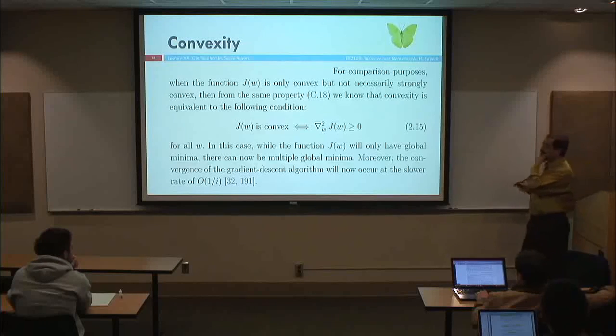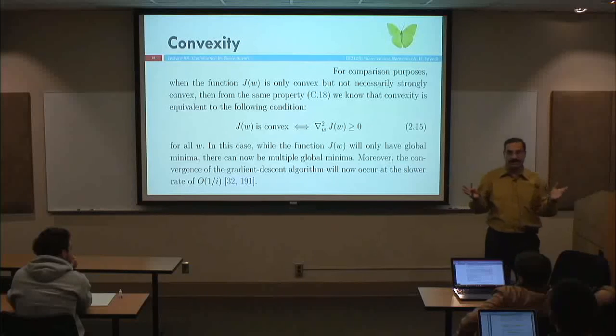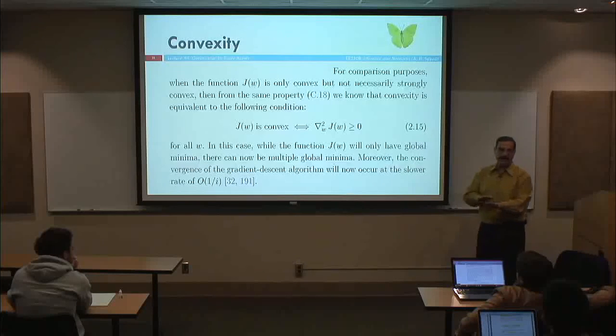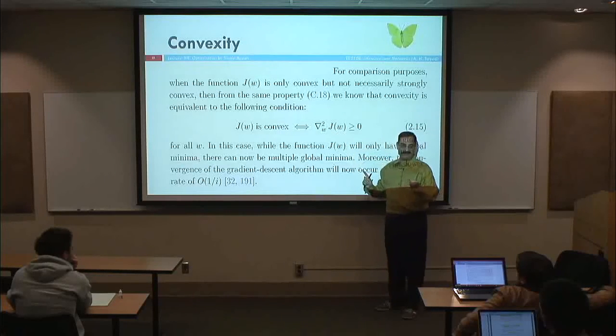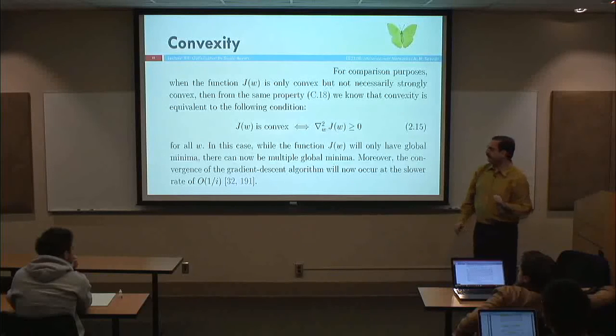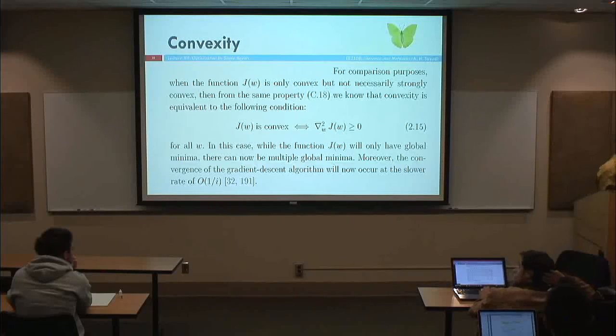If, for some reason, you only assume convexity, in that case, you still have only global minima. You may have multiple global minima, but often that doesn't really matter because as long as you converge to a global minimum, that's good enough. So convexity alone only ensures that the Hessian matrix is non-negative definite, right? Not necessarily further away from it, okay? But then, if you study the convergence rate under convexity alone, what you will be able to see is that you can only ensure convergence at the rate 1/i.